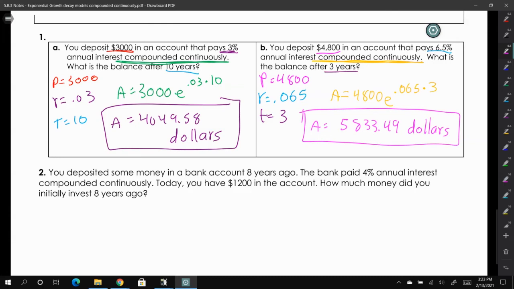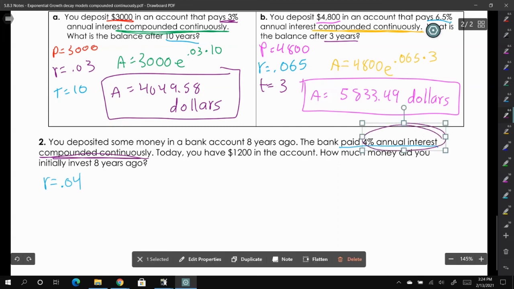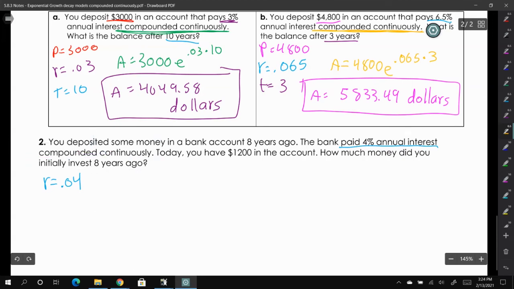Then our last example, you deposit some money in a bank account 8 years ago. The bank paid 4% annual interest, so R is 0.04, compounded continuously. So again, don't be fooled by annual interest. You have to look for the word compounded. This is compounded continuously, so that means we're going to be using the same formula. Today, you have $1,200 in the account. So P equals 1,200.